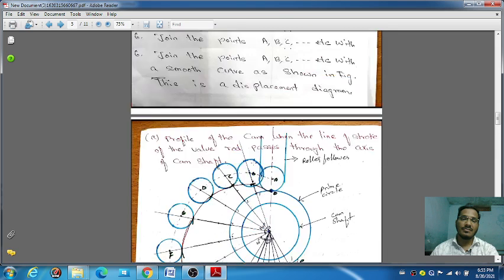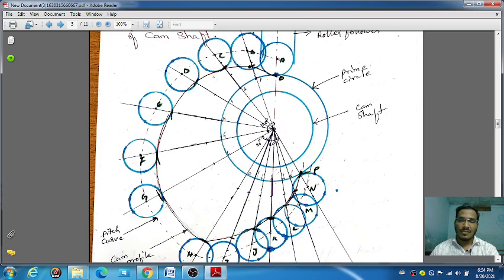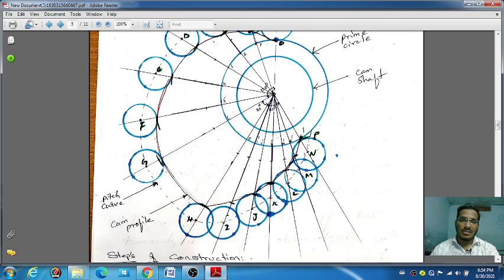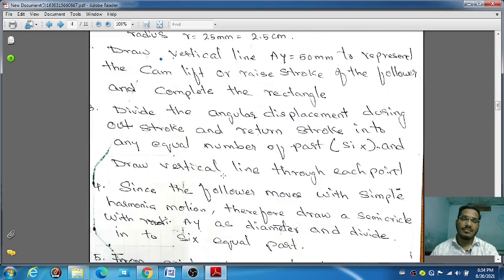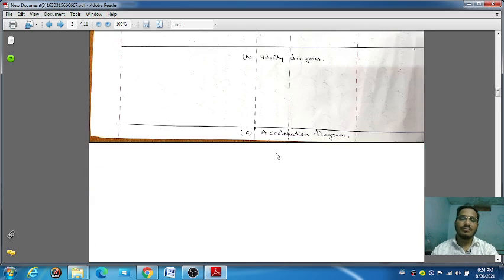Here you can see this is your O, this is your A, then this is your S. The point G is called S and H is called T. You can see the diagram here.